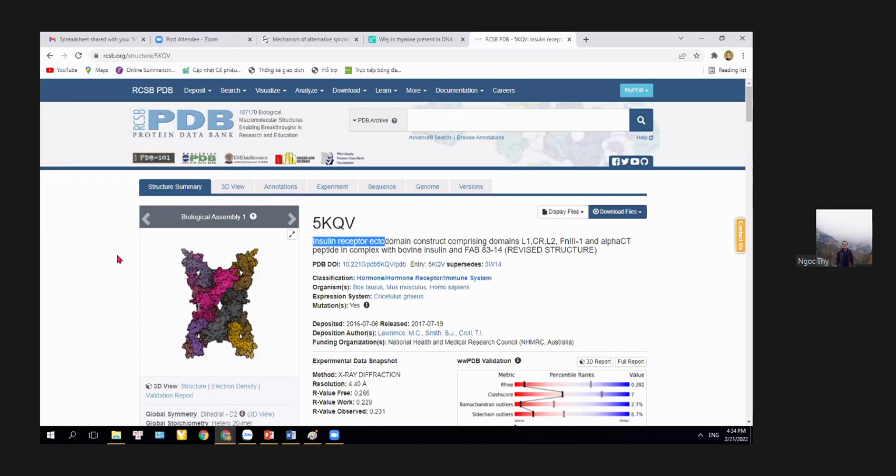So this is the insulin receptor, the 3D structure. We can see it in 3D structure here. Click on this, wait a few seconds. It's really slow because it contains a huge amount of data.